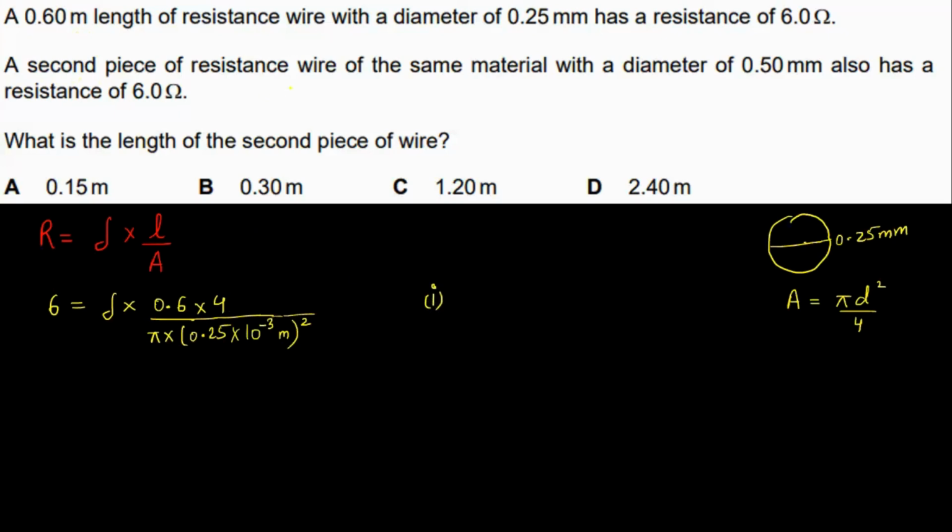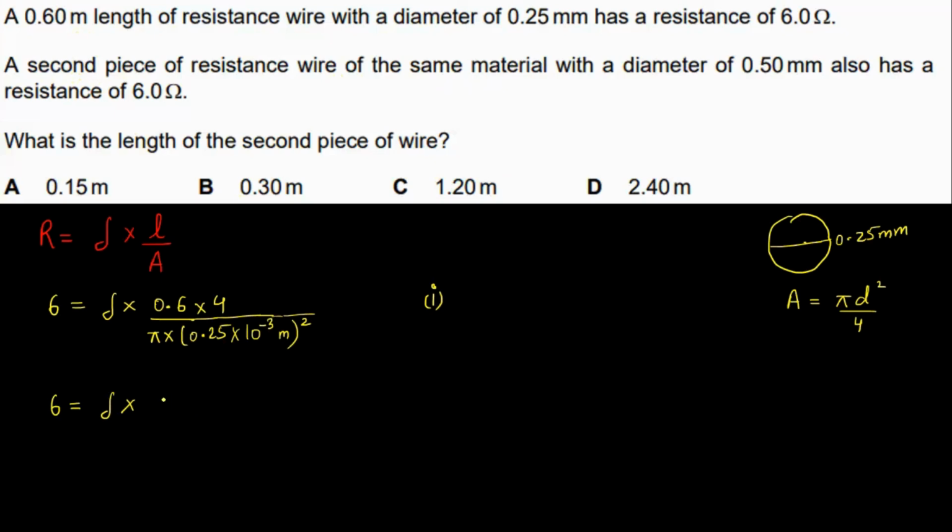The second piece of resistance wire of the same material has a resistance of again 6 ohm. Same material. If the material is same, the resistivity remains constant. So resistivity is rho only into the length.